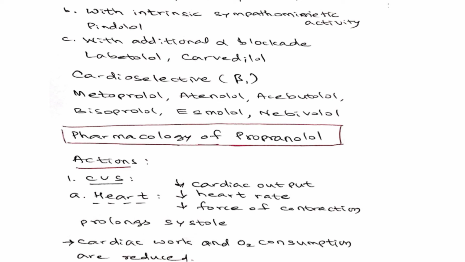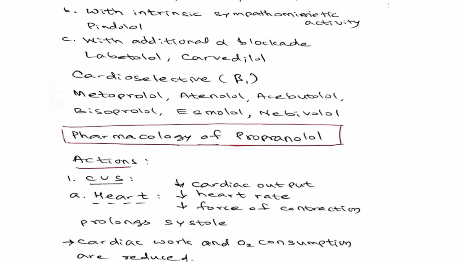Due to continuous usage of this drug, the resistance vessels gradually adapt to the change, that is the reduced cardiac output, thereby the total peripheral resistance goes on decreasing.